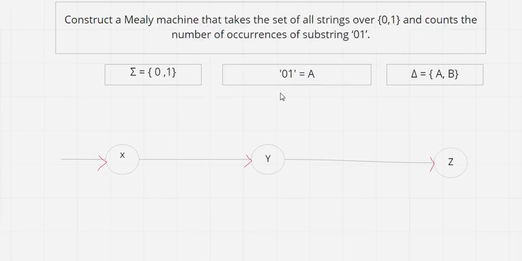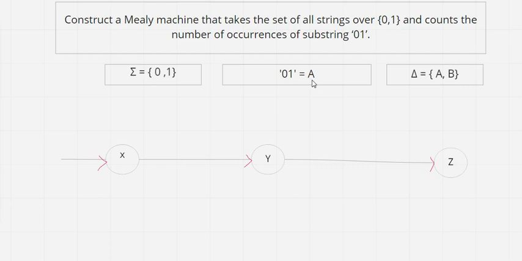So it should count the number of 01 as the substring. That means how to count the number of 01? Definitely 01 should end in a particular state, which you have to consider as an accepting state. That means if we have an occurrence of the substring 01, the transition where it ends should have an output of A. A I have taken on my own.